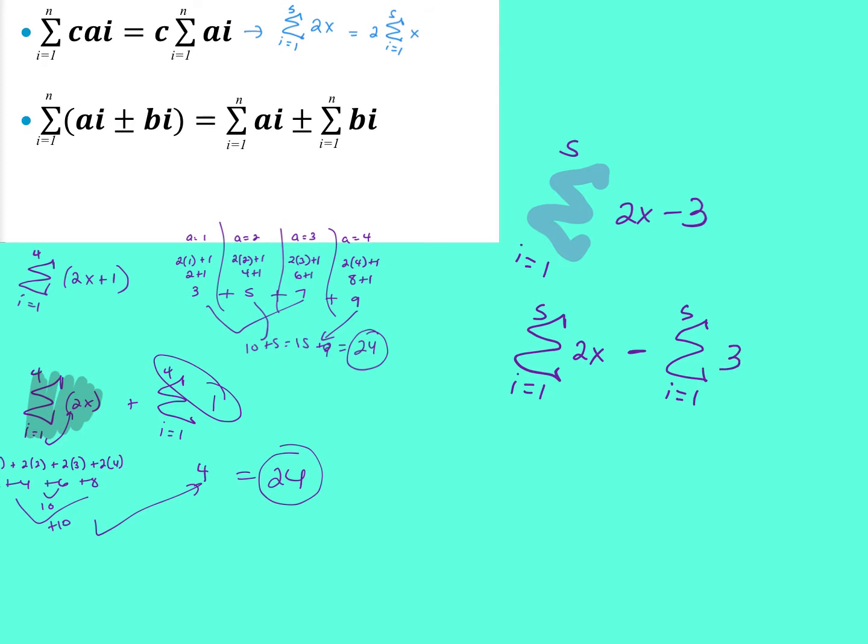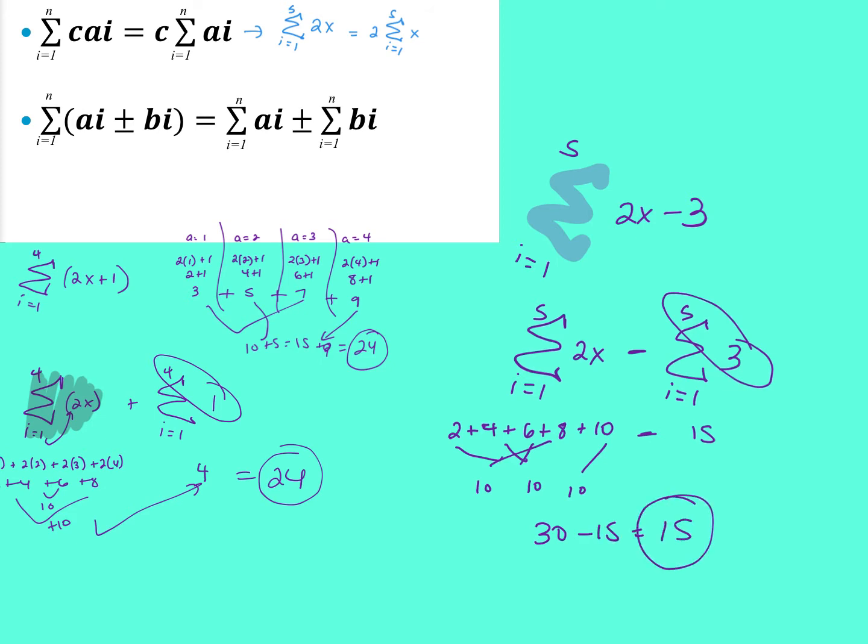So I'd do the 2x, which we just figured out was, oh no, there's a 4 there, so I'd have to go one more. So I'd do 2 times 1, 2 times 2, 2 times 3, 2 times 4, 2 times 5, minus 5 times 3, which is 15. 2 times 5 is 10, 4 times 6 is 10, plus a 10, that's 30, minus 15, which is 15.